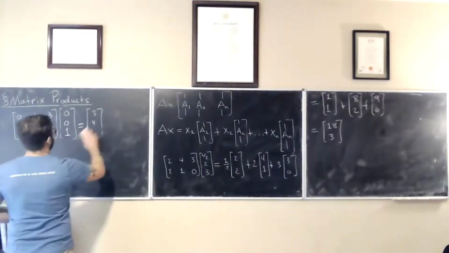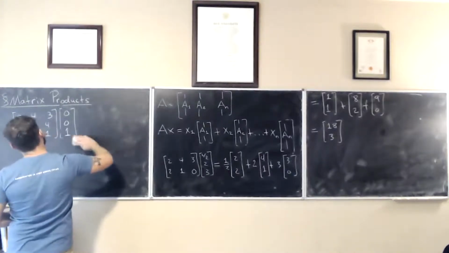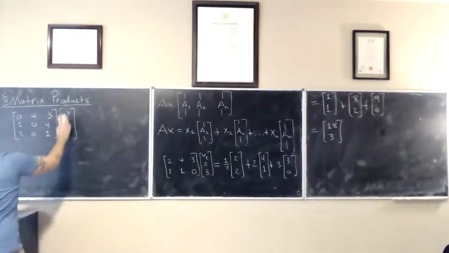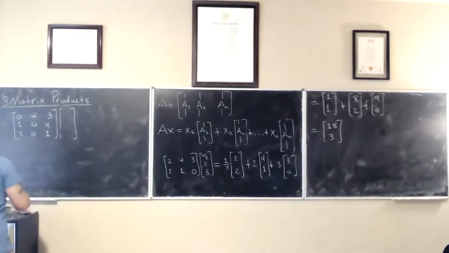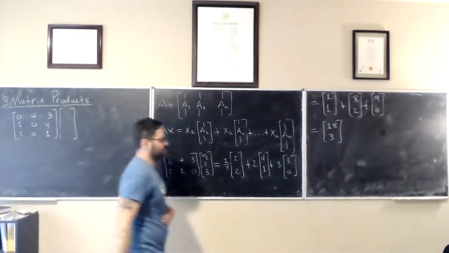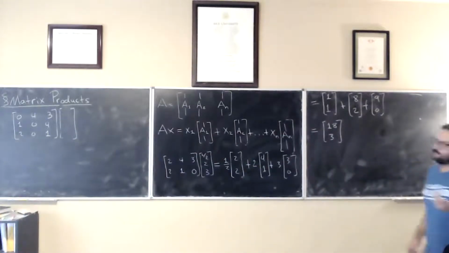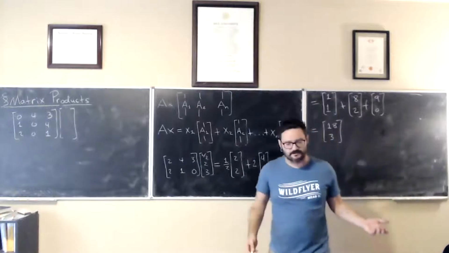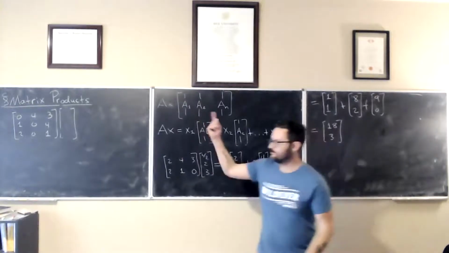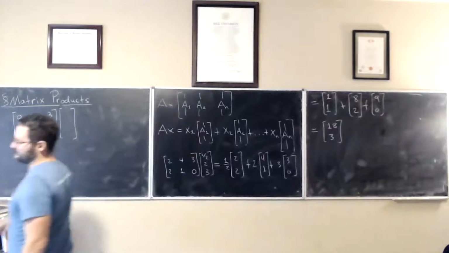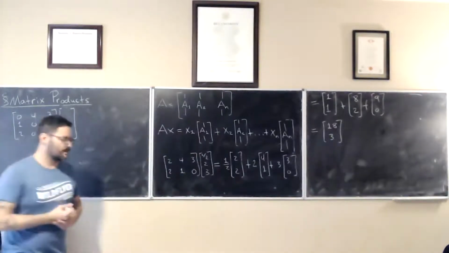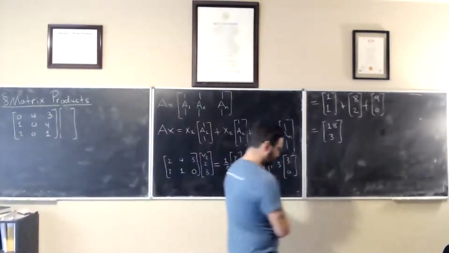Okay. So suppose I wanted to add the first and last columns of a matrix together. What vector would I multiply by to add those together? 1, 0, and 1.